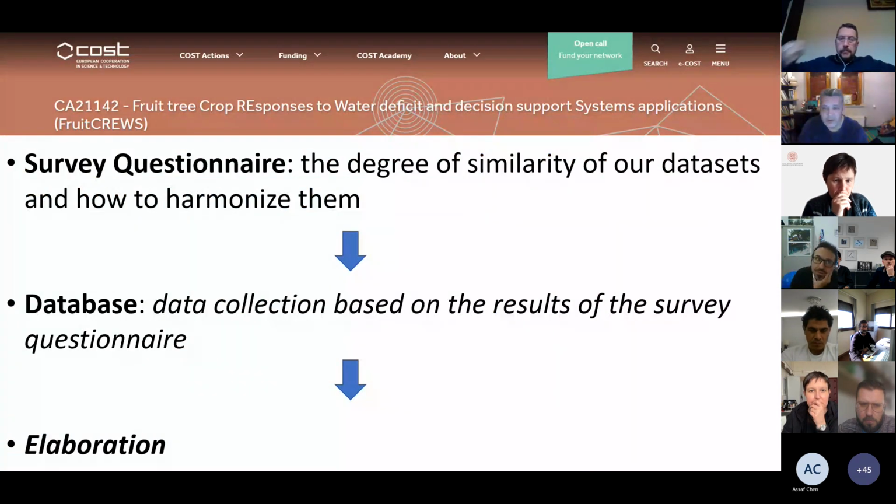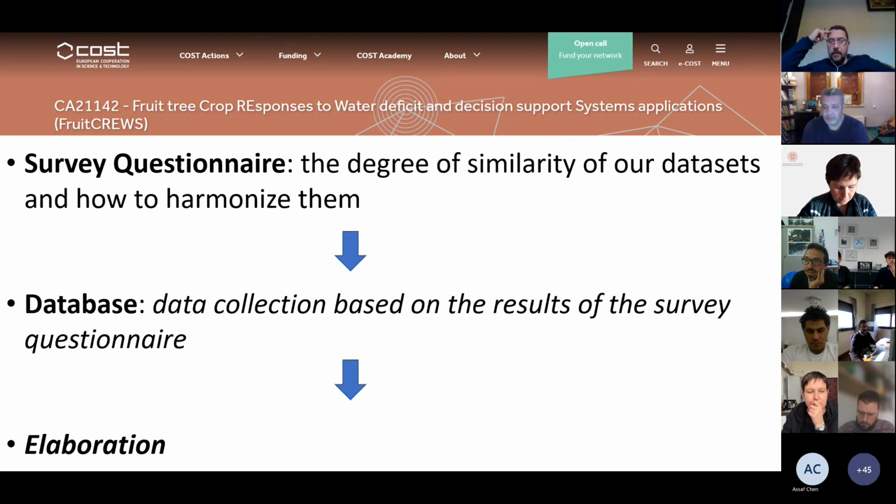The possible strategy for starting the working group 1 activities could be, but it is just a suggestion, and your suggestions and comments are more than welcome, to make this survey questionnaire just to see the degree of similarity of our datasets and how to harmonize them.